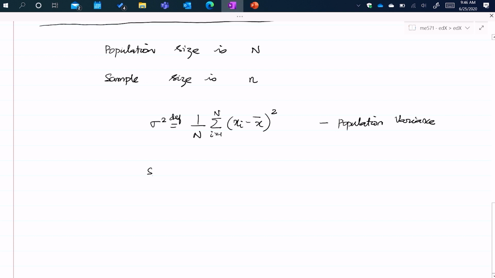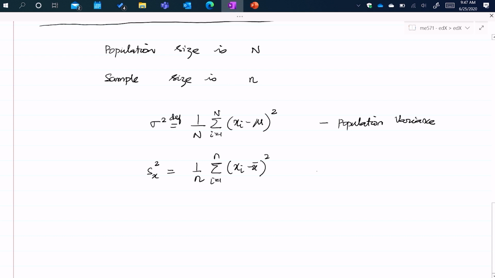Now the sample variance is s sub x squared, and that is 1 over little n, summation i going from 1 to n of xi minus x bar, squared.